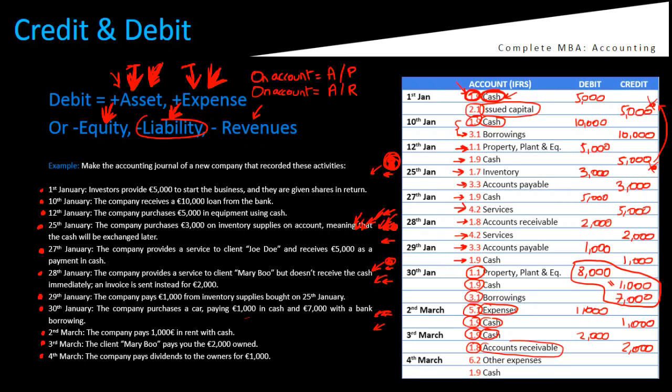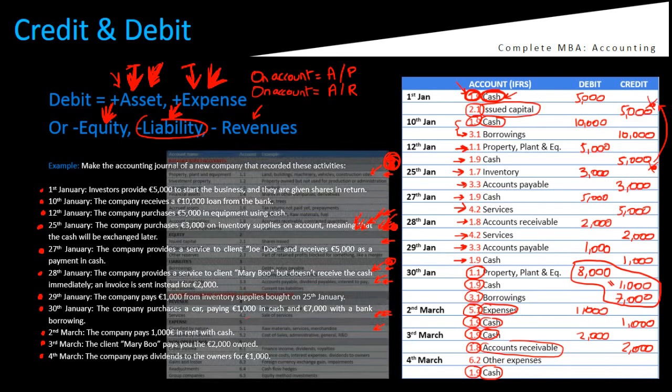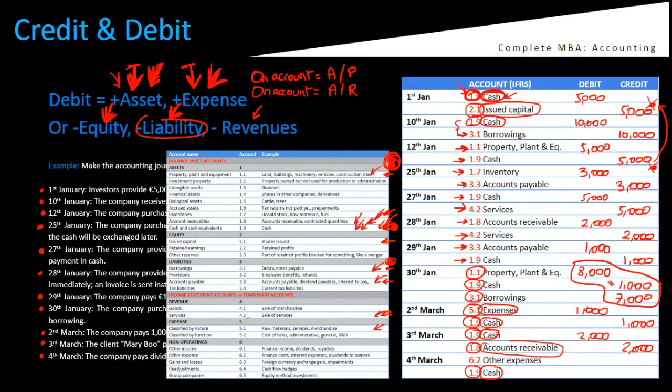The company pays dividends to the owners for 1,000. If it pays dividends, we know that one of them is going to be cash. Dividends are usually paid in cash. I forgot to put here in cash. We are going to suppose that they're paying in cash, so we put here in cash. And now, where are the dividends? Well, dividends is a special one, a non-operating one, if you remember from the last video, and is here on 6.2, finance costs, interest expenses, and dividends to owners.